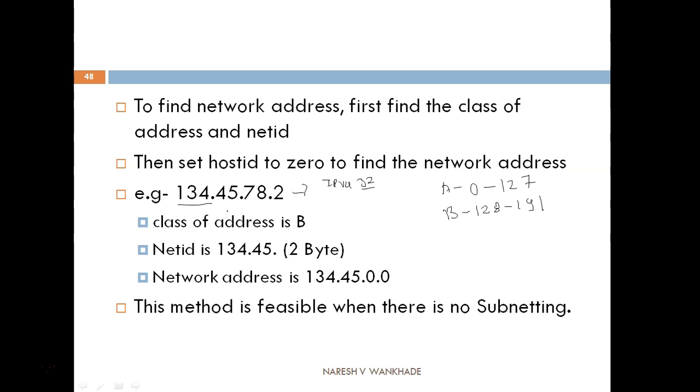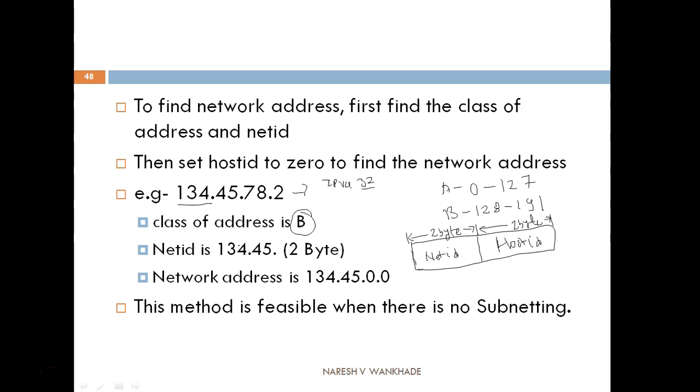This address belongs to class B. If it is class B, then the first part, the net ID, is 2 bytes and the remaining part, the host ID, is also 2 bytes. 2 bytes means 16 bits. The net ID is 16 bits and the host ID is 16 bits.